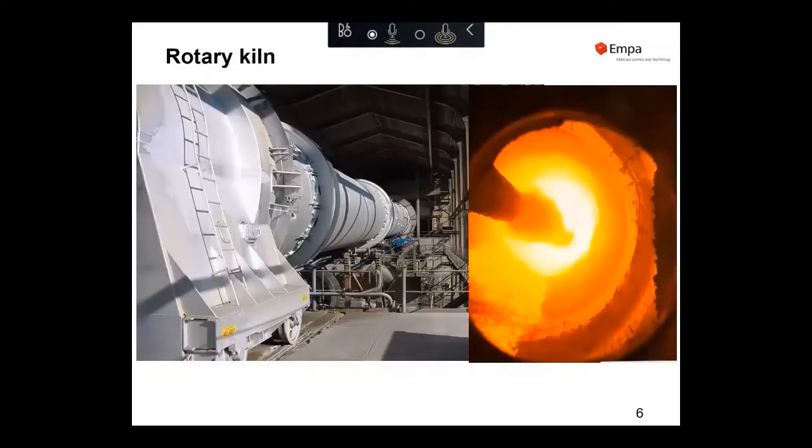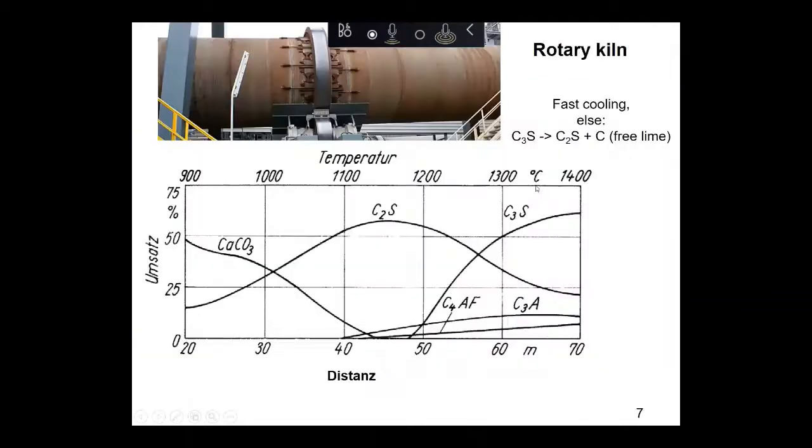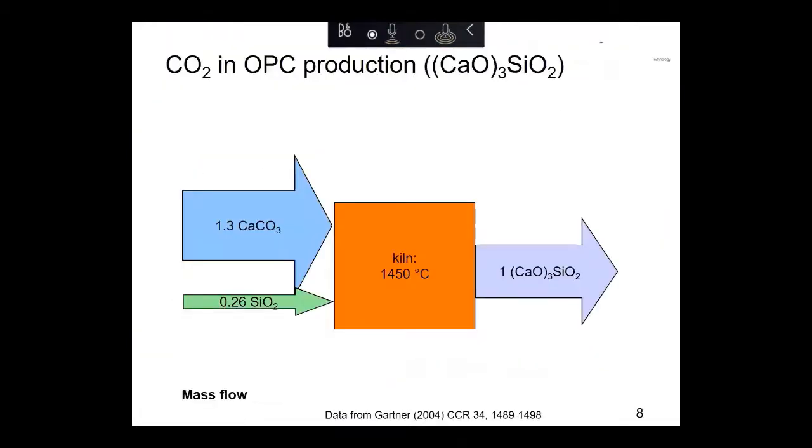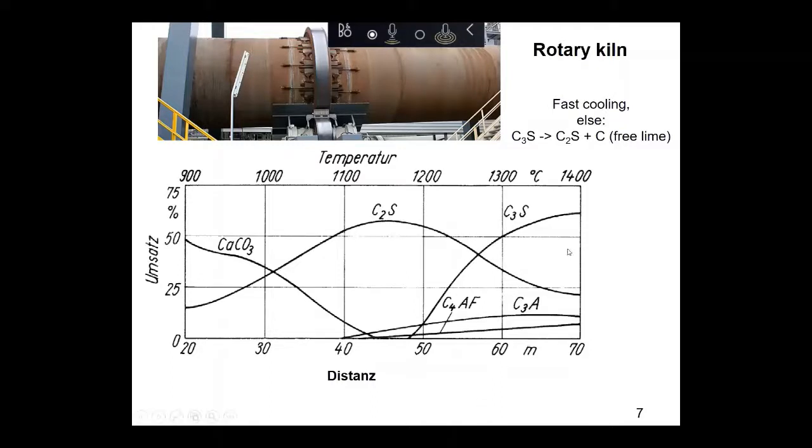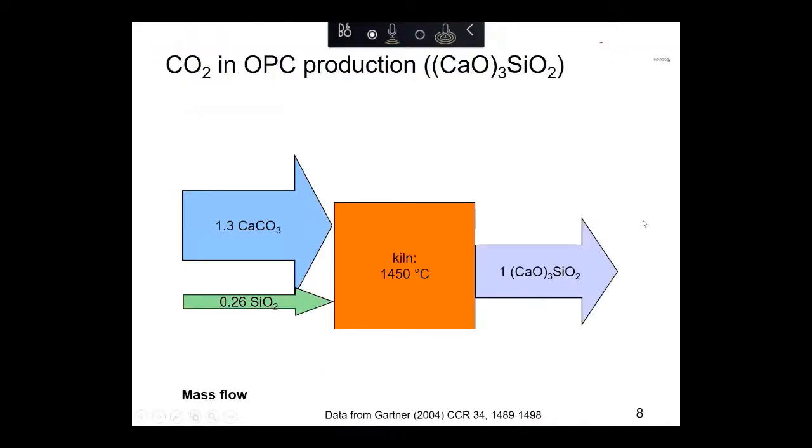I'm sure many of you, or maybe some of you, have already seen how they are burned. You have these very big ovens with a high temperature inside. And we use this high temperature because we need it to make alite at above 1400 degrees.